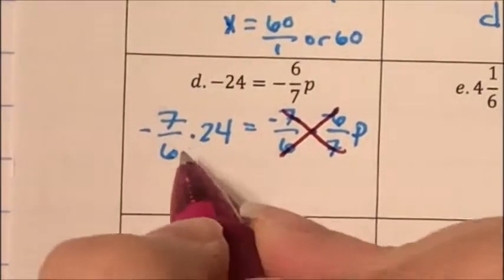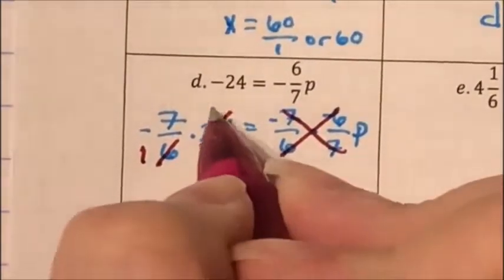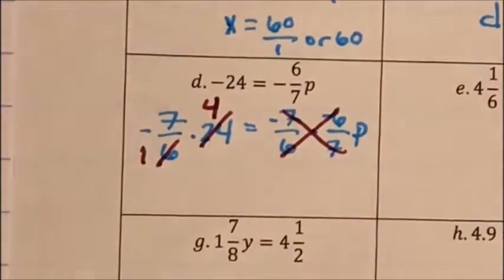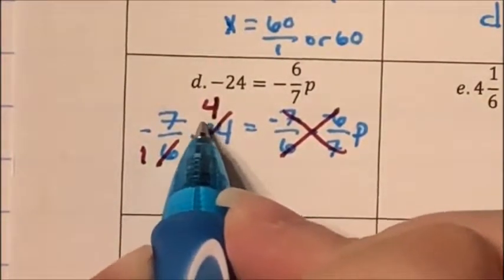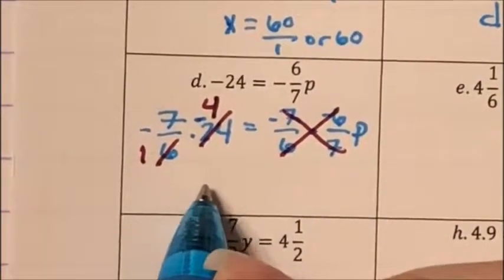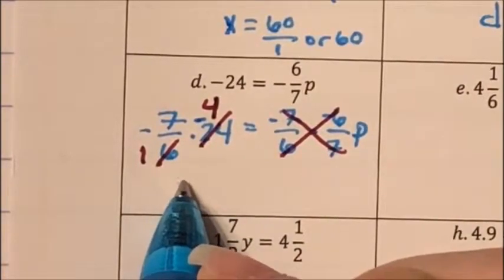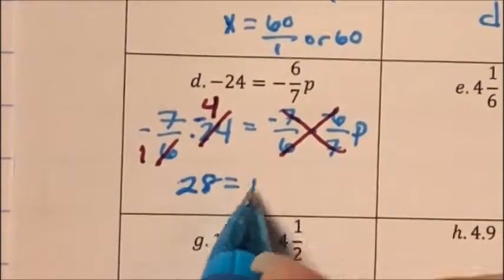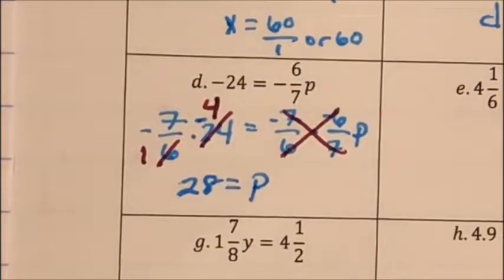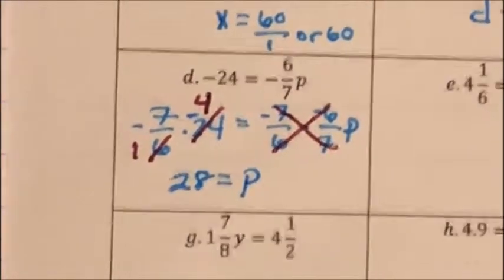I can simplify. 6 becomes 1, 24 becomes 4. -7 times, I'm sorry, times -4. This was a -24. Gives me a positive 28 equals p.